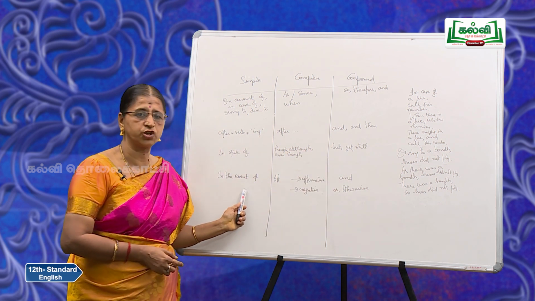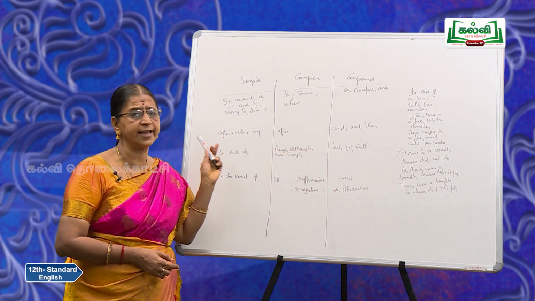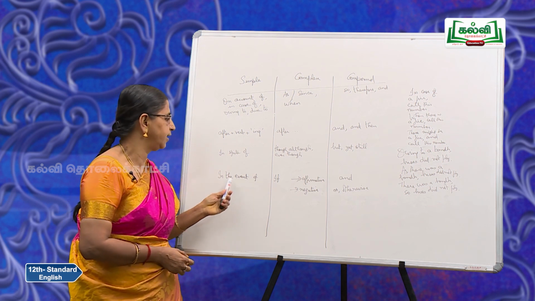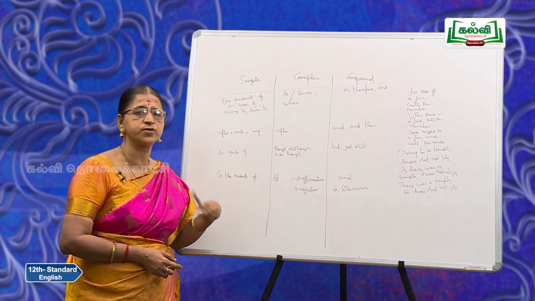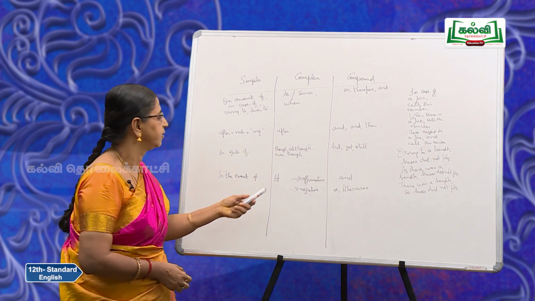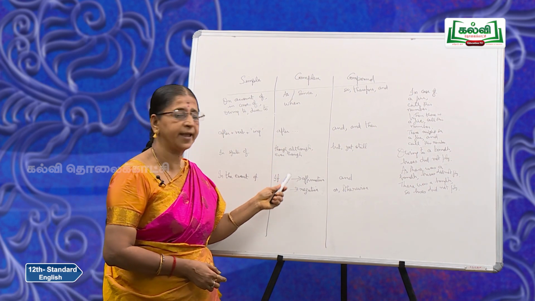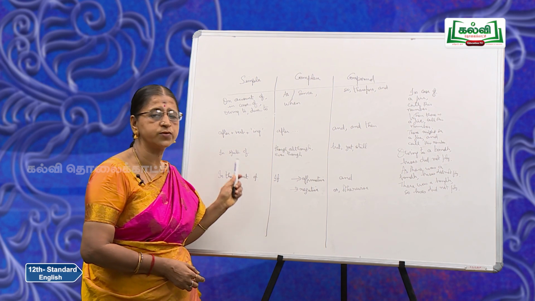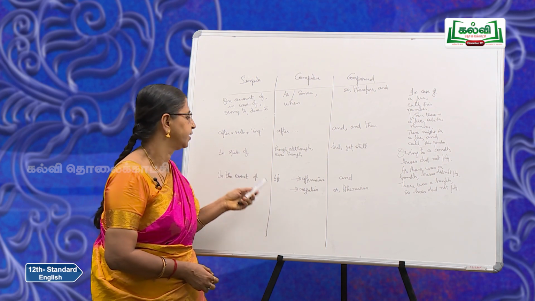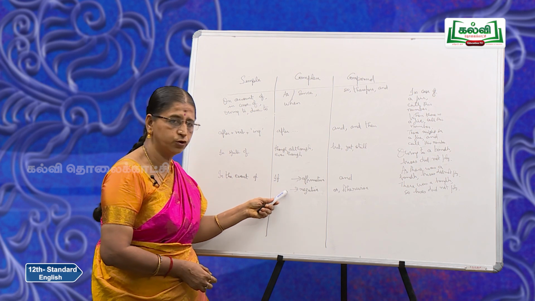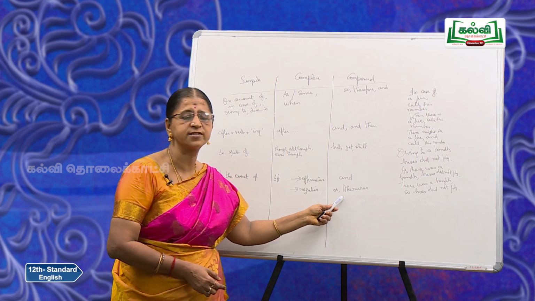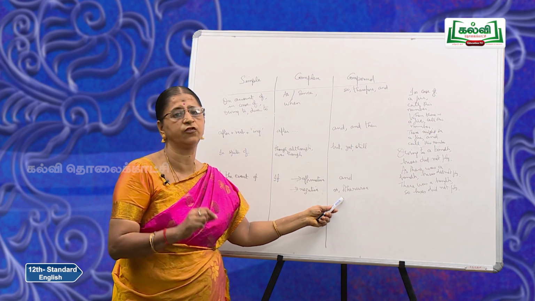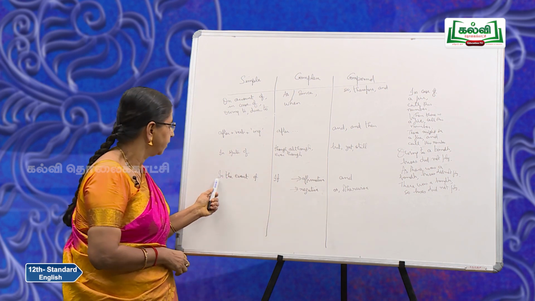Here, in the event of. In the event of, I think I gave you the sentence under the example. In the event of you not paying the fee, you will not be allowed to sit for the examination. So, if you do not pay the fee, you will not be allowed to sit for the examination. So, this is negative. If you do not, so use otherwise. You should pay the fee, otherwise you will not be allowed to sit for the examination.